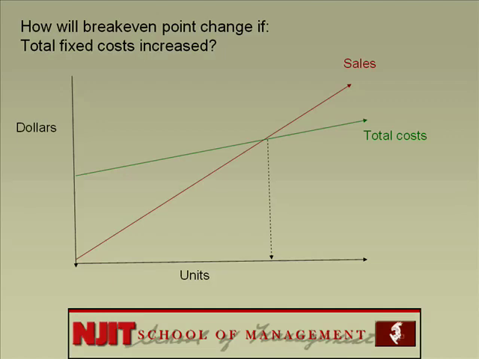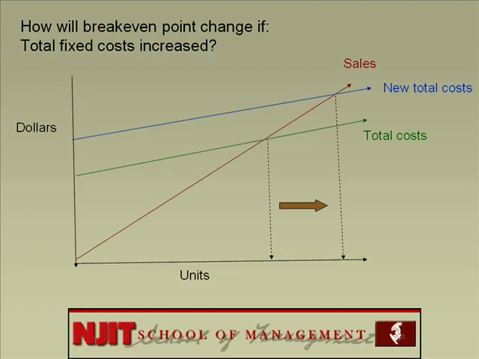Here's the answer. The total cost line will move upwards. It will be parallel to the old cost line. That's the new total cost. So the break-even point will move to the right. There you go.